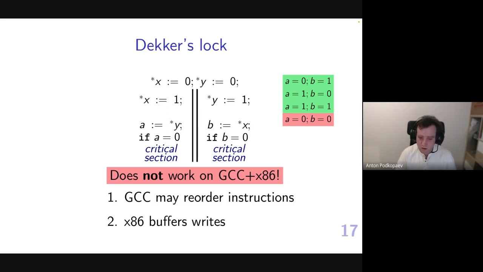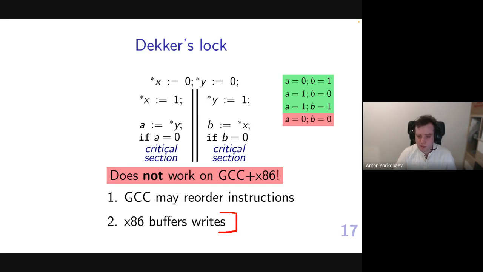There is some buffering of writes happening in x86 architecture. To briefly explain what is going on there, when an x86 CPU performs a write to memory, it's allowed to buffer the write, to put it in some buffer, which is later flushed.